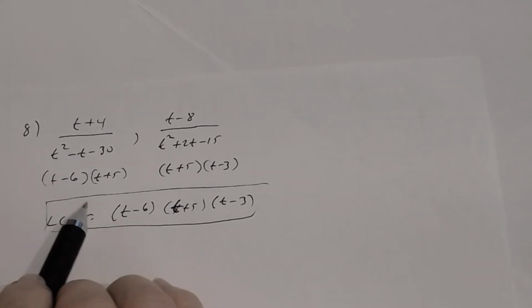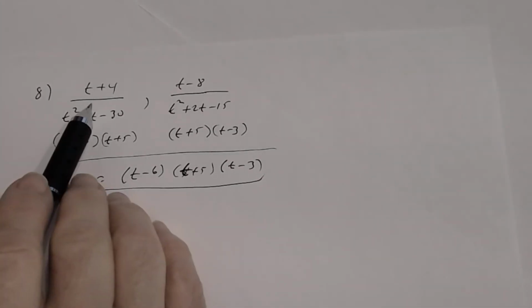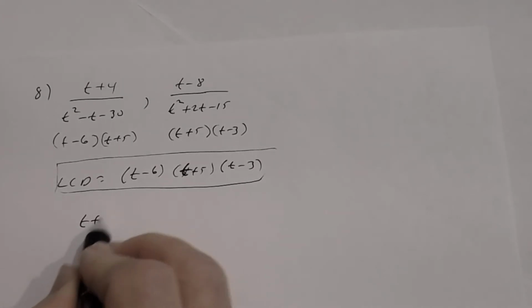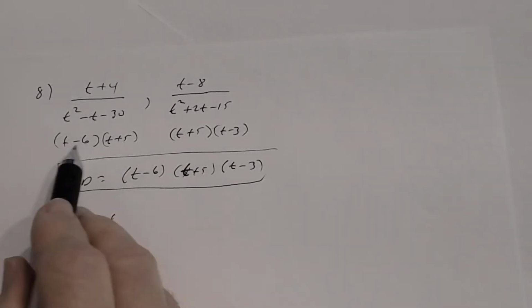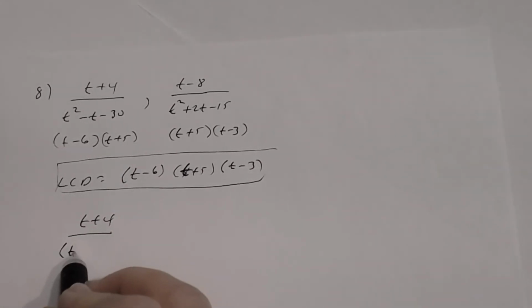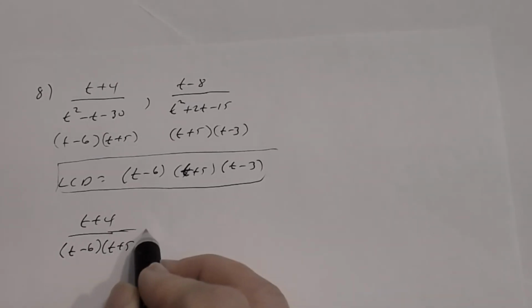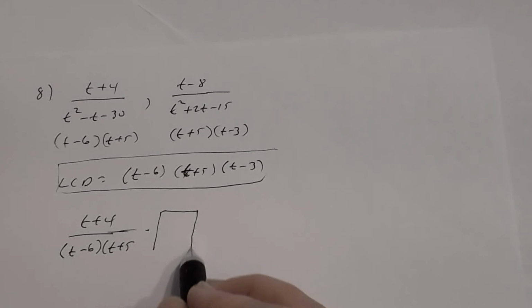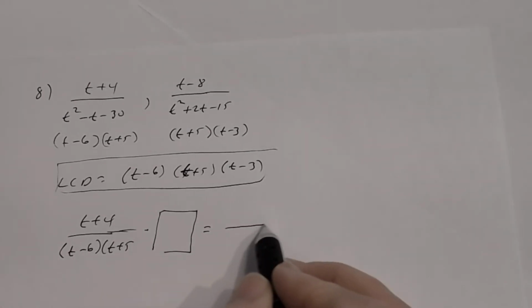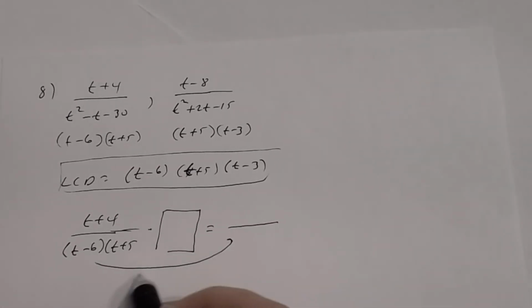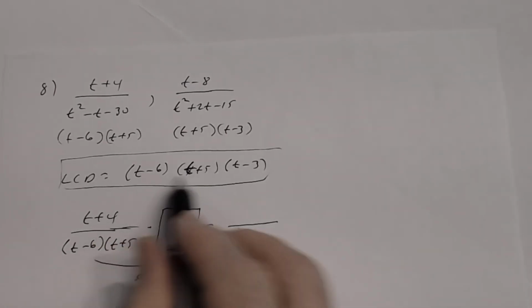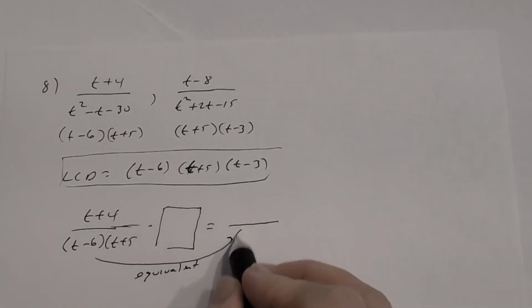So now I'm going to write equivalent fractions. Let's do the first one. t plus 4 divided by, and always use factored form, that's important, t minus 6 times t plus 5. I want to know what I've got to multiply this by so that I get an equivalent rational expression that has these 3 factors as my denominator.